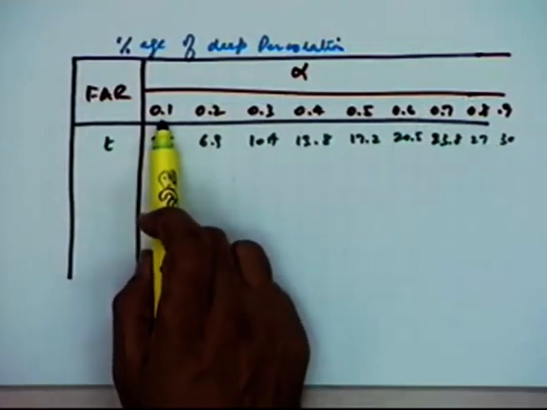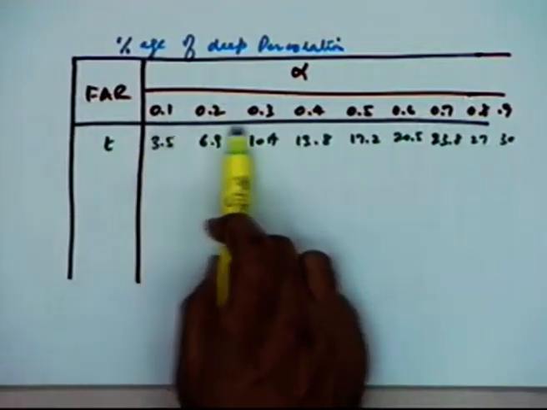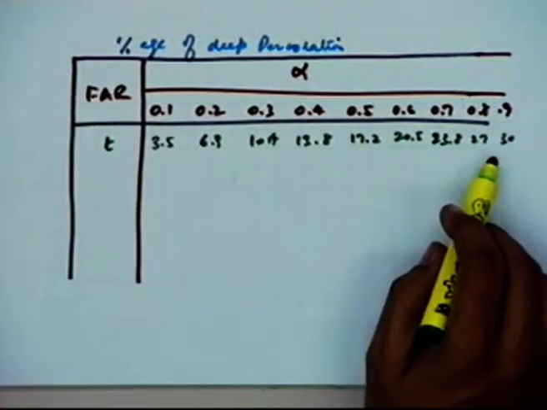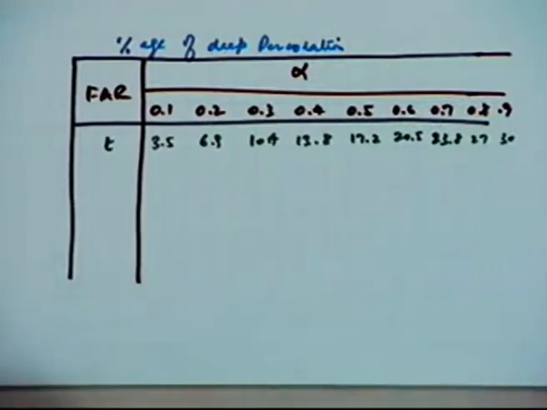The soil is a function of alpha, so if your alpha is increasing, the deep percolation losses are also increasing.